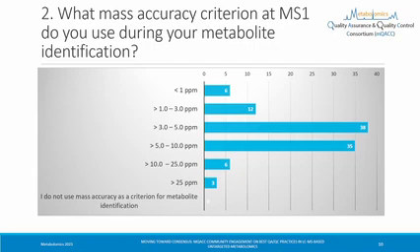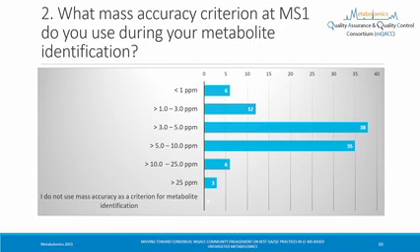So the second question was, what mass accuracy criteria at the MS1 level, so not talking about MSMS, do you use during your metabolite identification? As you can see here, the numbers along the top are the number of responses, not a percentage. The majority are using up to 5 ppm, more than the majority.